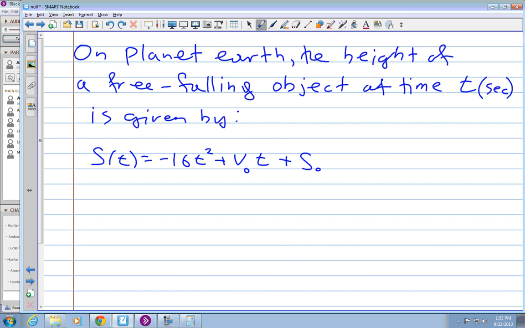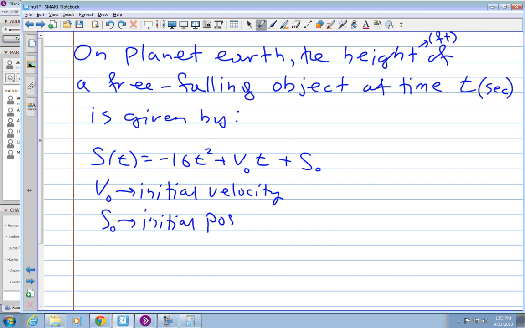Now this is in feet, so the height measured in feet, where v0 is the initial velocity and S0 is the initial position or initial height, which are usually given to you, okay?